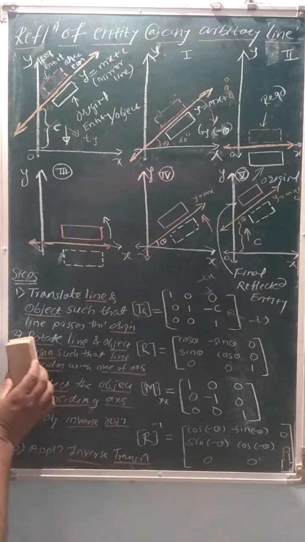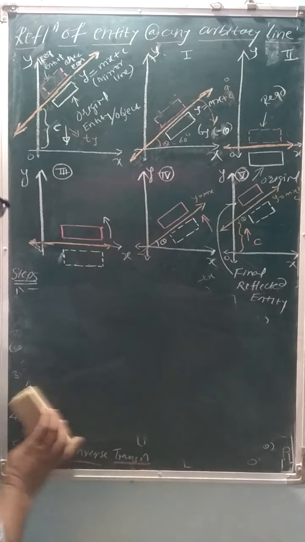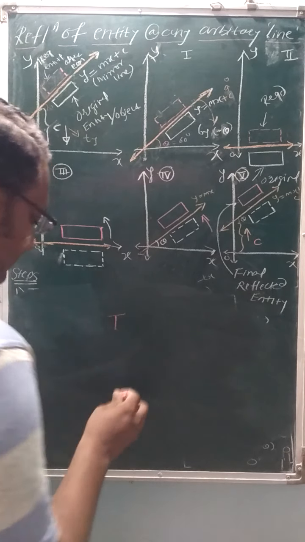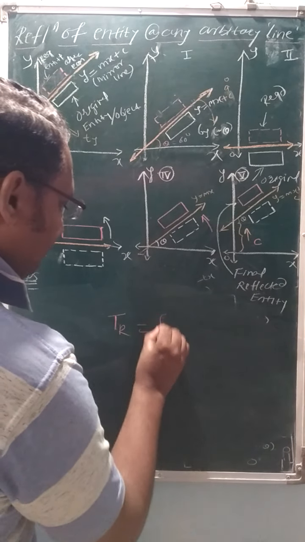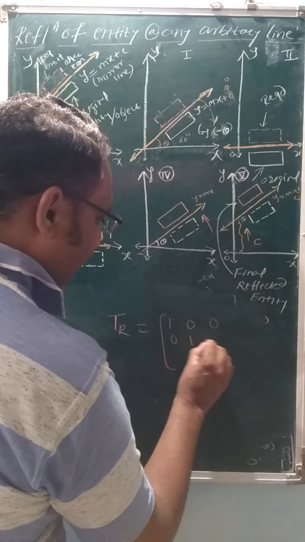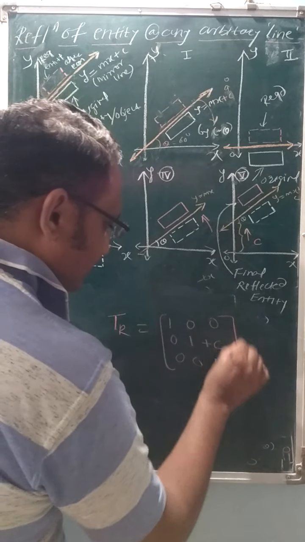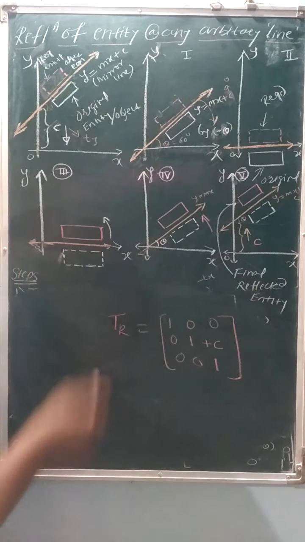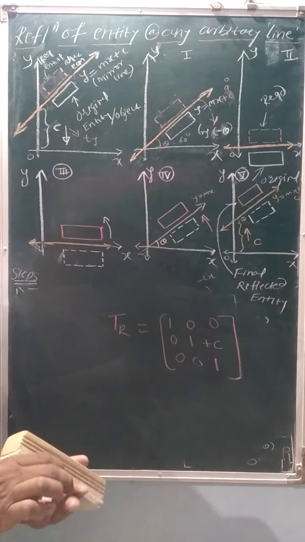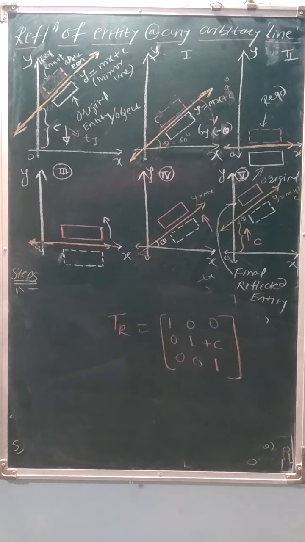So the fifth matrix, the inverse translation matrix, will be 1, 0, 0; 0, 1, plus c; and 0, 0, 1. So these are the 5 steps. Within these 5 steps we are reflecting the image about any arbitrary line.